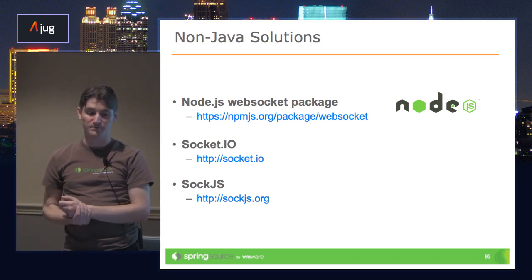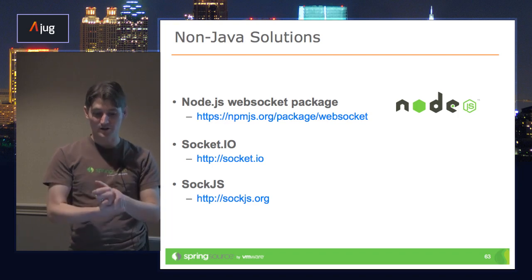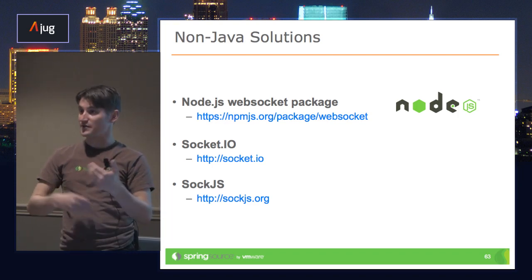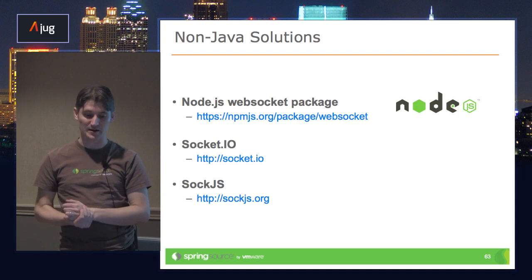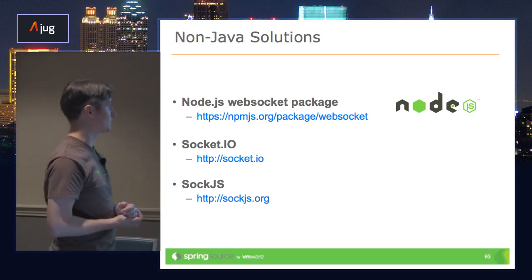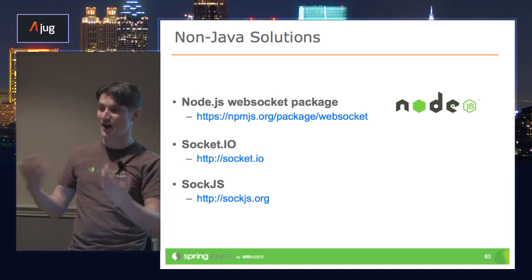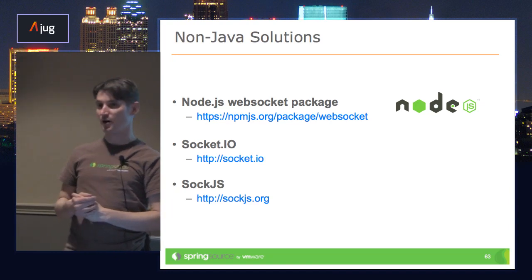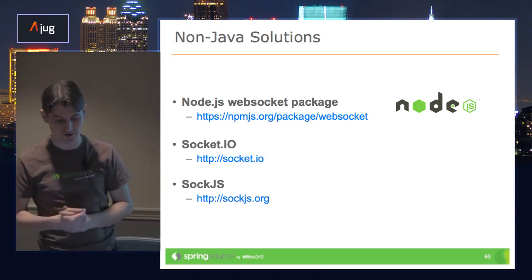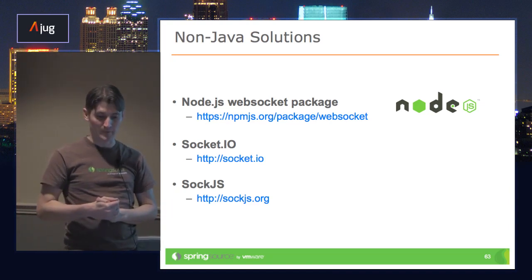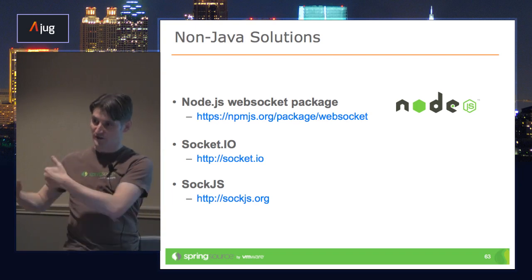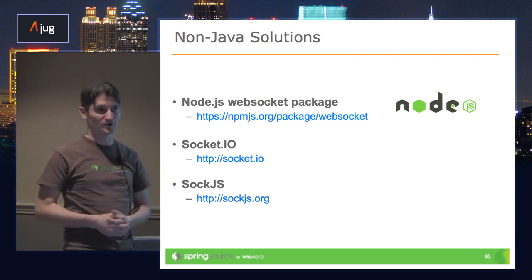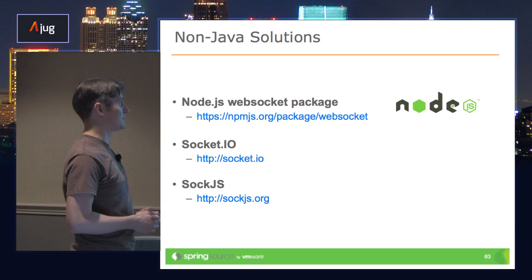WebSockets, and also some of the fallback options provided by Socket.io and SockJS, you have had available for quite some time now on Node.js and JavaScript. And slowly we see those trickling down to implementations in the Java world, but a little bit slow.